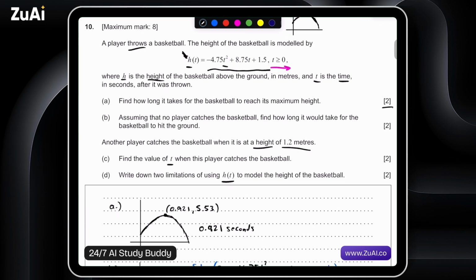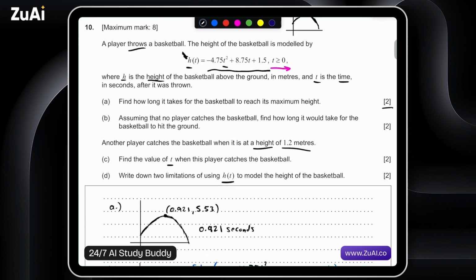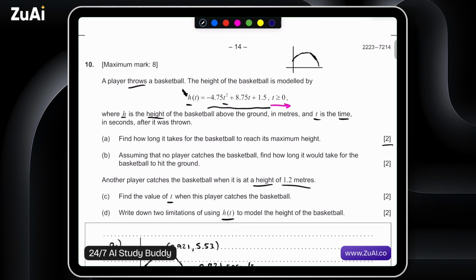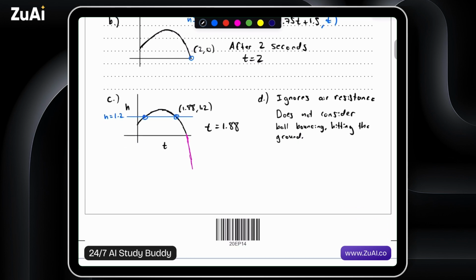But what it did say is do not accept generic criticisms of a mathematical model, such as there are assumptions being made, or models are never accurate. So it has to be specific. Alright. Okay, so really not a bad question actually, especially if you're comfortable with the graphing calculator and graphing tool.